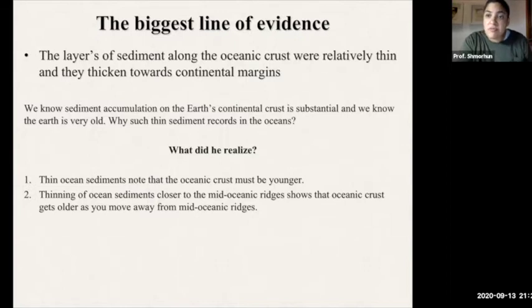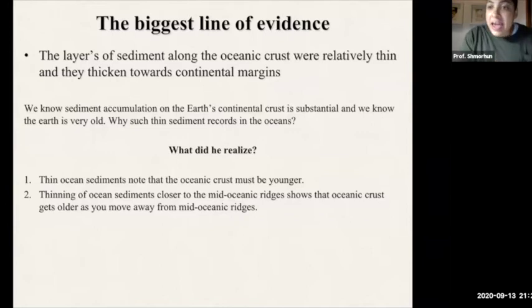However, through these bathymetric profiles, they realized that at its thickest, we see sediment packages no thicker than about 1 kilometer. But if we know sediment accumulation rates, and we know the age of the Earth, geologists had realized that the accumulation of sediment should be much thicker than it actually is. So that leaves us with relatively thin accumulation of sediment along continental margins, and it seems to be thinning as we move towards the mid-oceanic ridges.